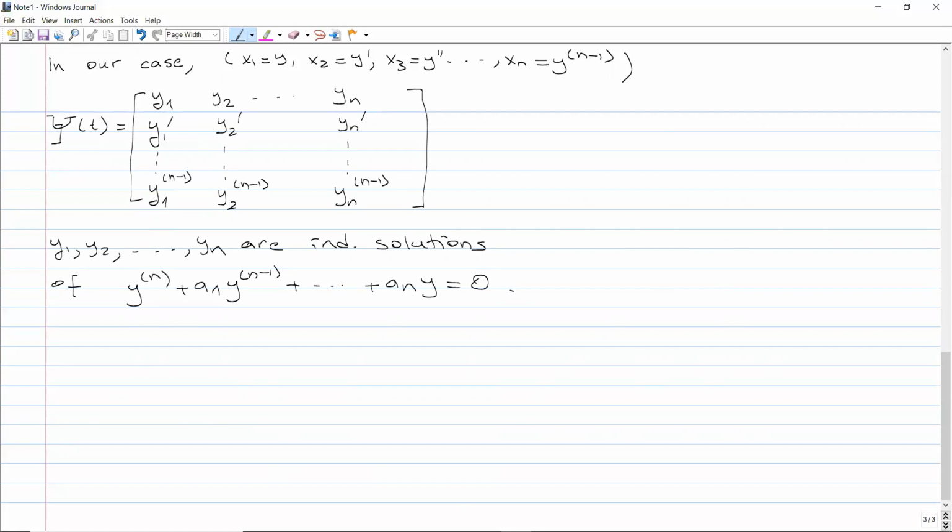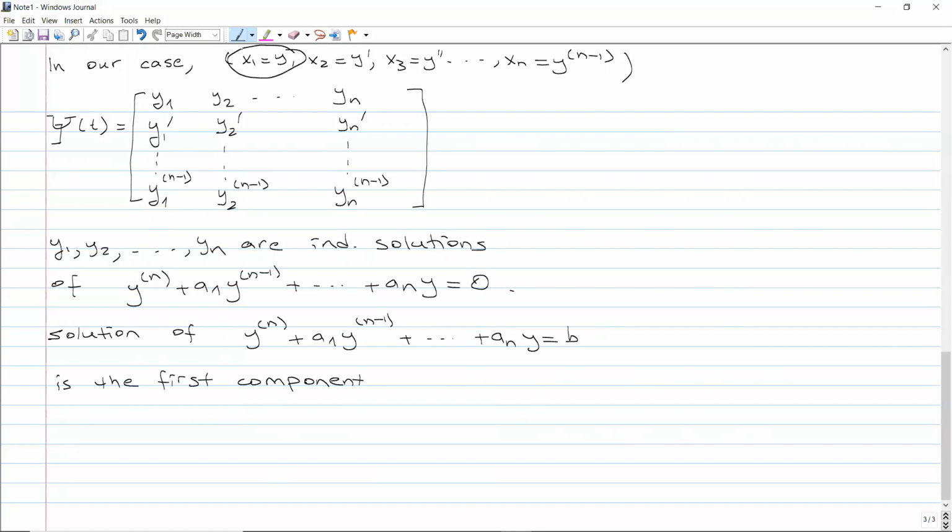The solution of the non-homogeneous, the original equation, is the first component. Remember, our unknown function y is the first component of the vector solution of the system.